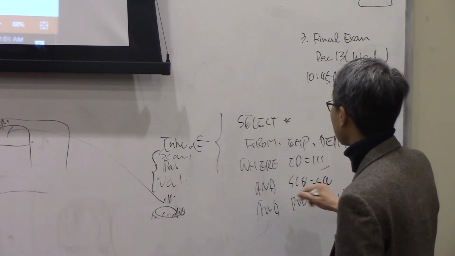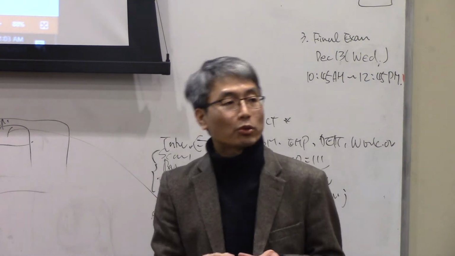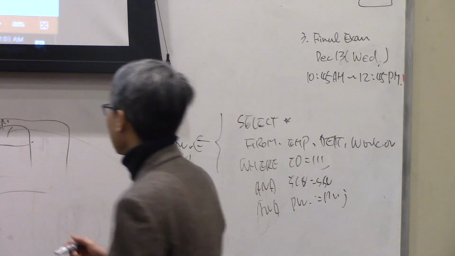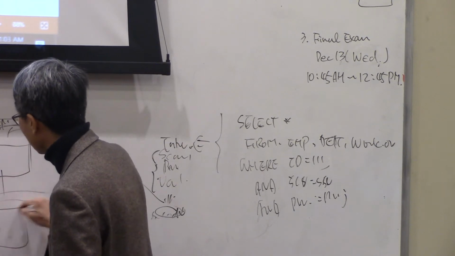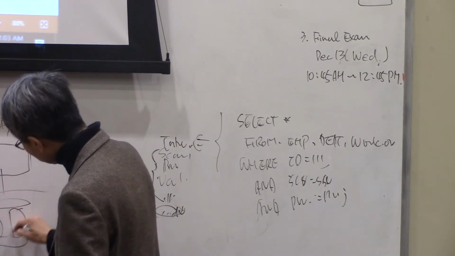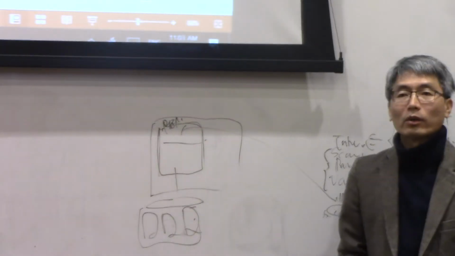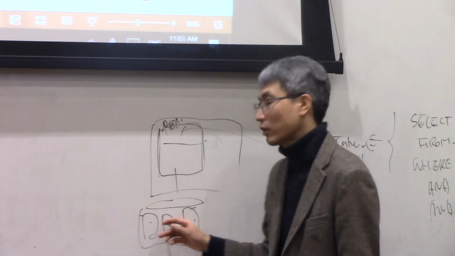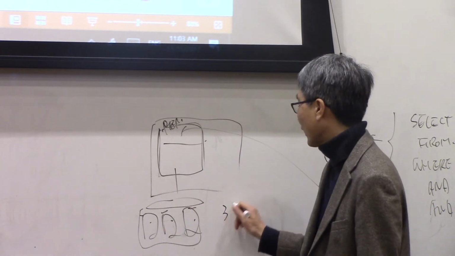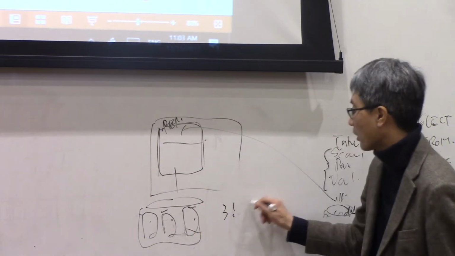When we have such a table join, the query processor needs to access the 3 tables in your database. Depending on the order of accessing the tables, there are 3 factorial combinations, which is 6.